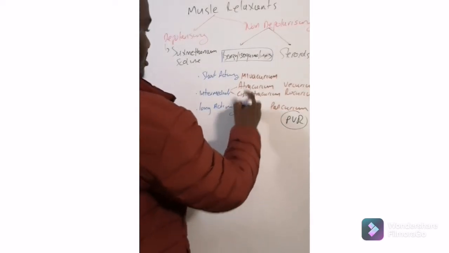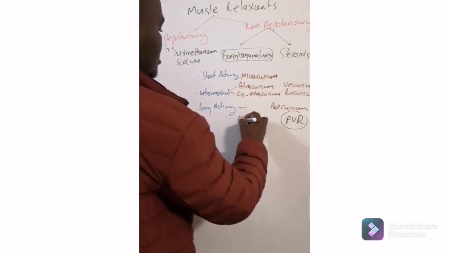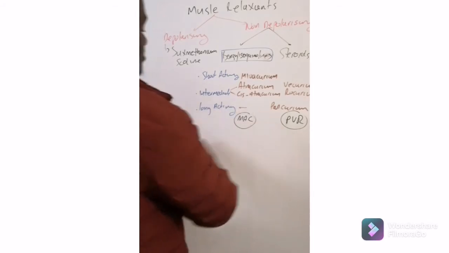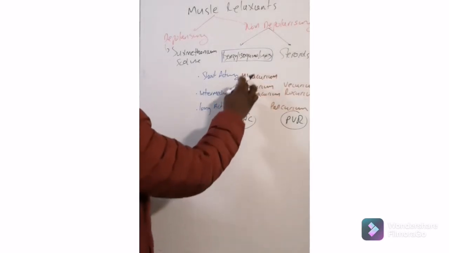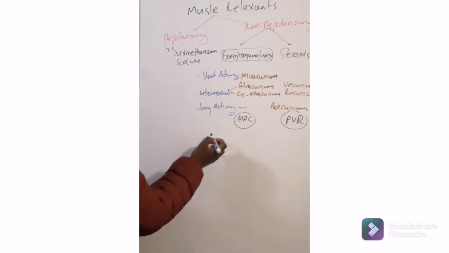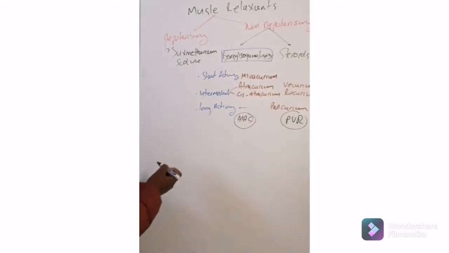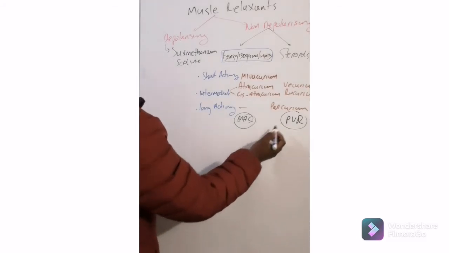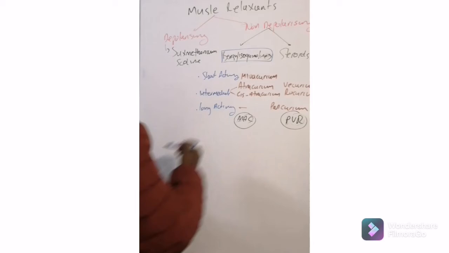And for the benzyls, it's MAC. If I write it like this, M is the short acting, and these two are the intermediate acting. Then on the other side, the P is the long acting, and these two are the intermediate.